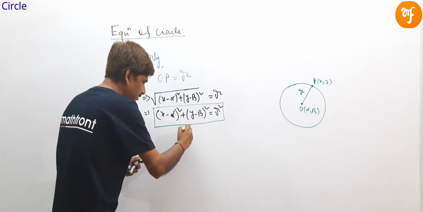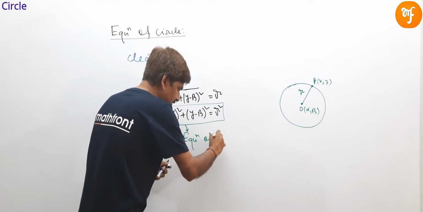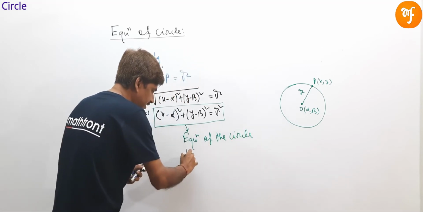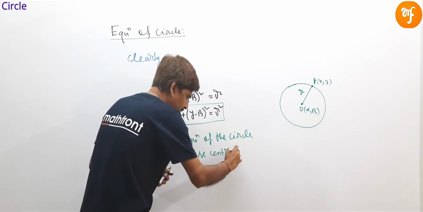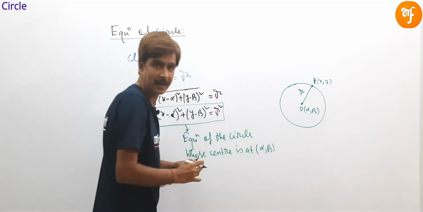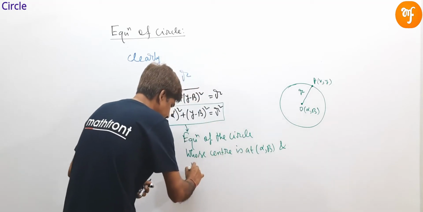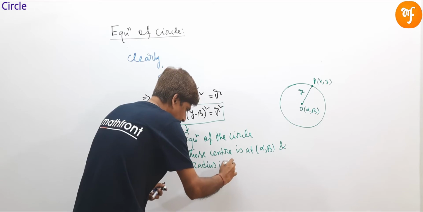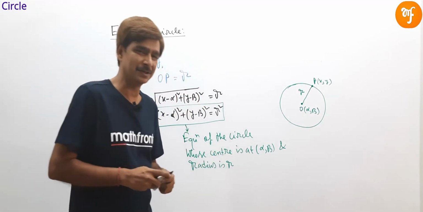So writing here, the equation of the circle whose center is at alpha comma beta and radius is r is x minus alpha whole square plus y minus beta whole square is equal to r square.